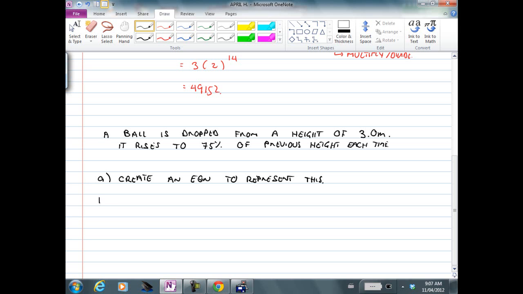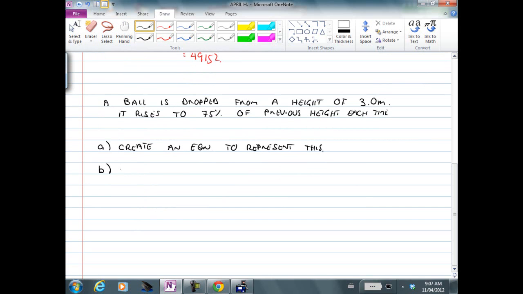Two, or B: how high is the ball after the 11th bounce? I'm going to look for how high it is after the 11th bounce.